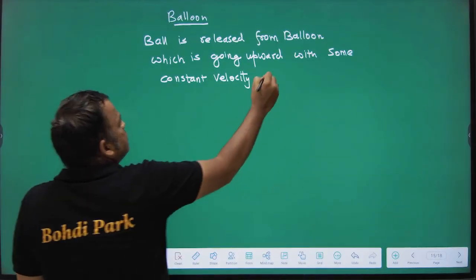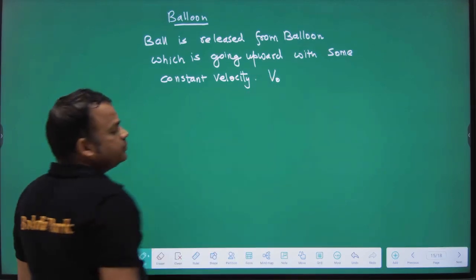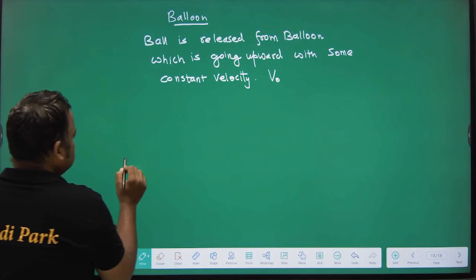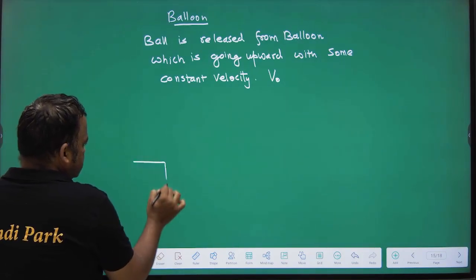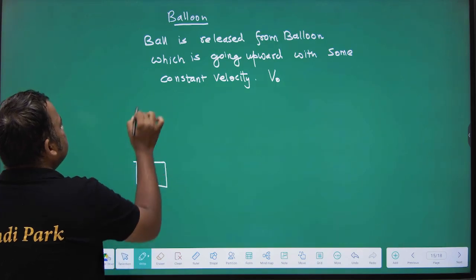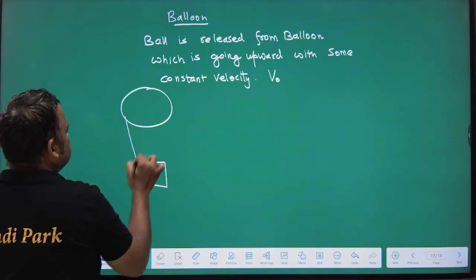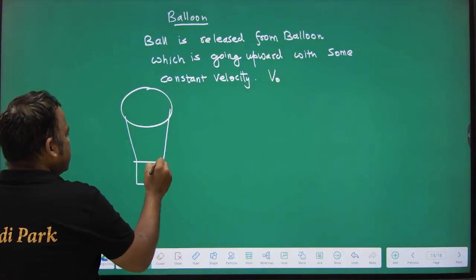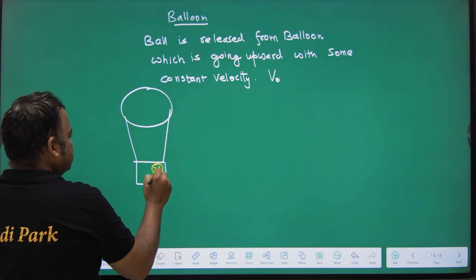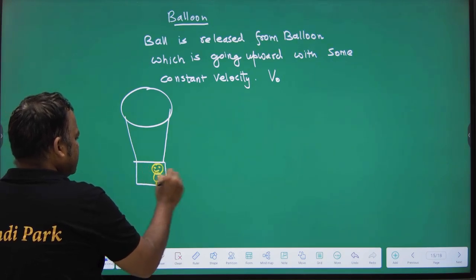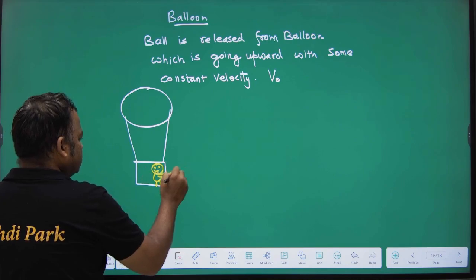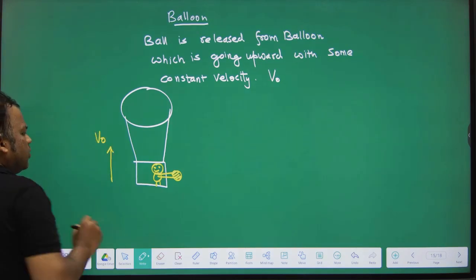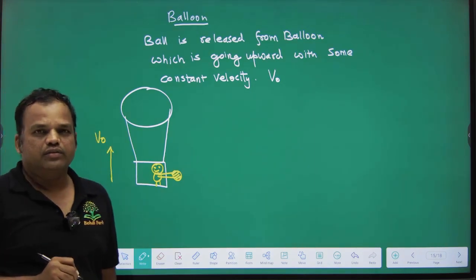Suppose the constant velocity of the balloon is v naught. Suppose this is the basket and the balloon is attached to this basket, and there is a person standing on this basket. This person is holding a ball. The balloon is going upward with constant velocity v naught.